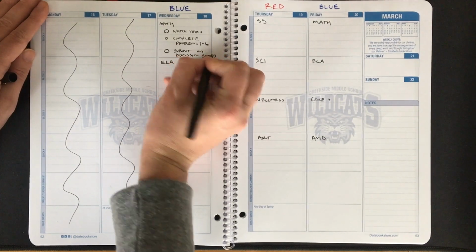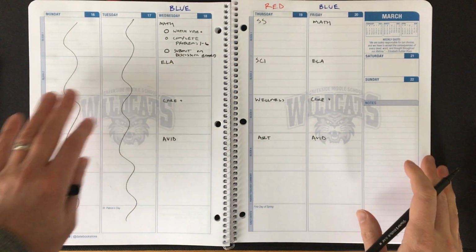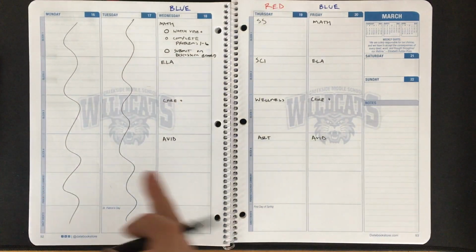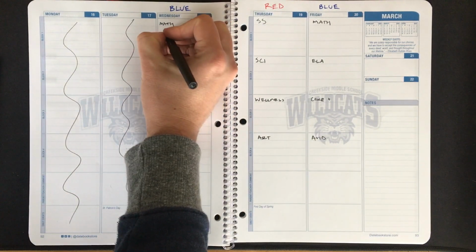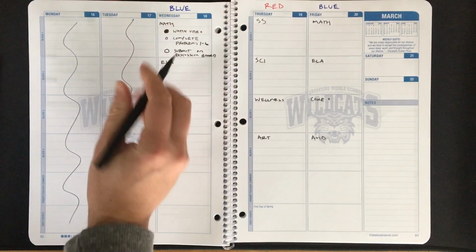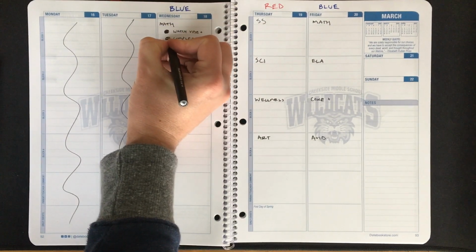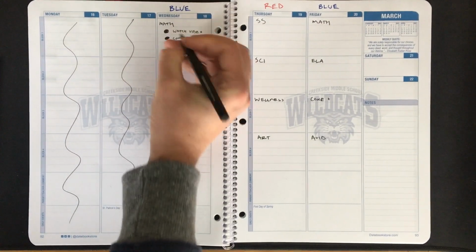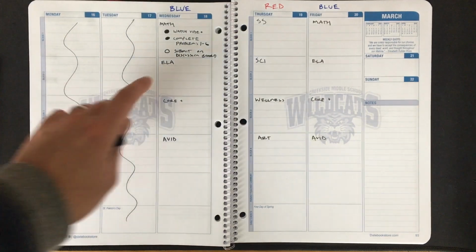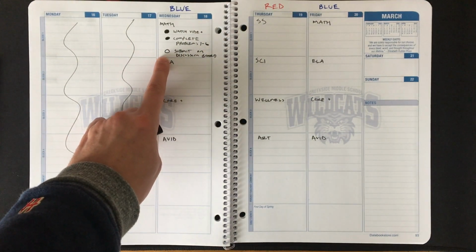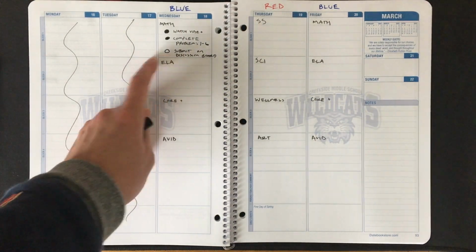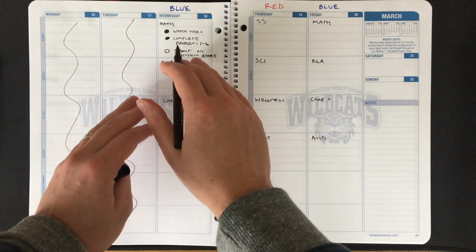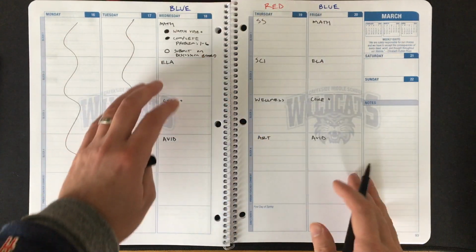But just a very simple, these are the 3 things that you need to get done. And then as you complete them, you just fill in those boxes. Yep, watch the video. Yep, I completed problems 1 through 6. But maybe you haven't posted yet, so you would leave that marked like this, so that when you finish and you get that done, you would fill in that box.